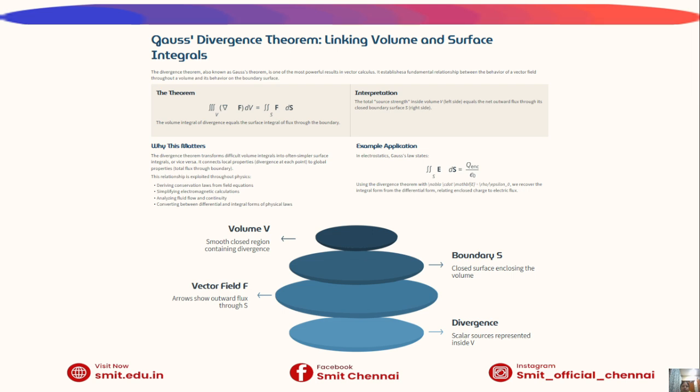Physically, this means total source strength inside a volume equals total flux leaving the surface. This theorem is extremely powerful because it converts difficult volume integrals into simpler surface integrals. In electromagnetics, Gauss law is directly derived using this theorem. It connects the differential and integral forms of Maxwell equations.